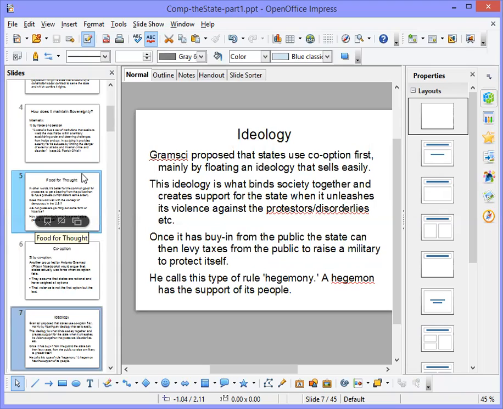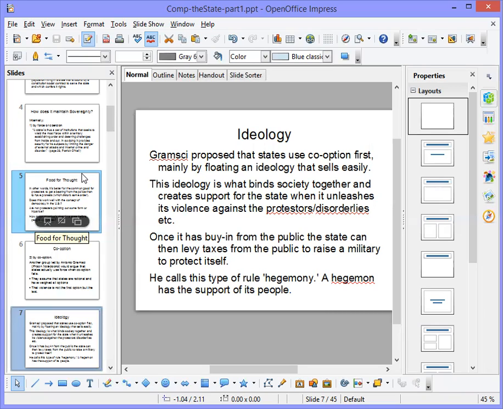It just throws it out there into the population and makes sure that all the processes of socialization, such as education, going to public school, public university, or any kind of university, or watching the news, reading books, carry it. So this ideology, or set of ideas, is binding society together and creating support for the state.